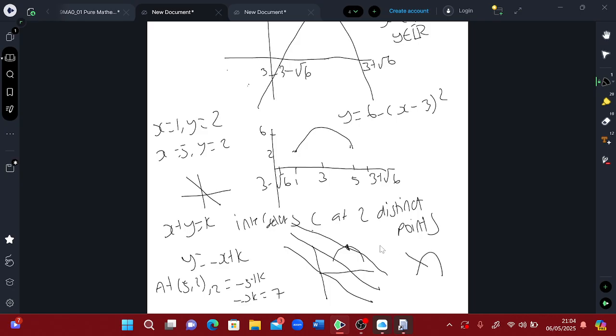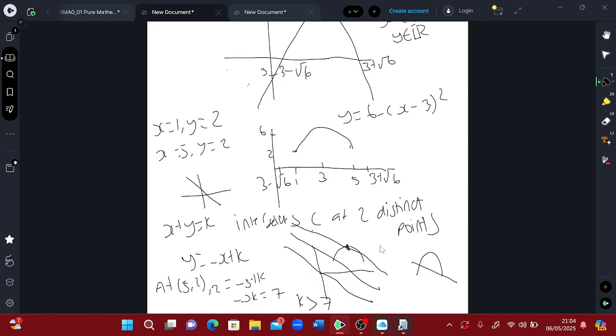Hang on, let's get rid of this line here. It will always hit the left side first here, right? But if we shift it up such that it then hits this, it'll hit the right side at this point first. And once we hit this point here, bang on, if we then keep shifting it up, it will always ensure we have two distinct values. So this means, first of all, k has to be strictly greater than 7 to ensure we get two distinct values.